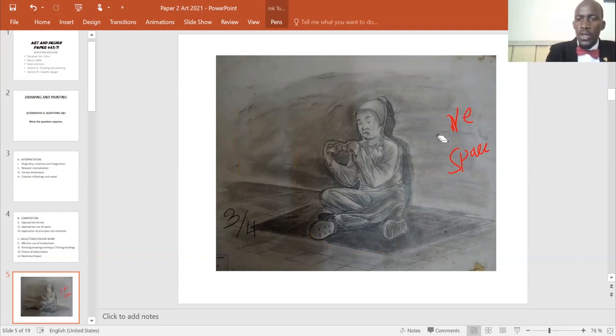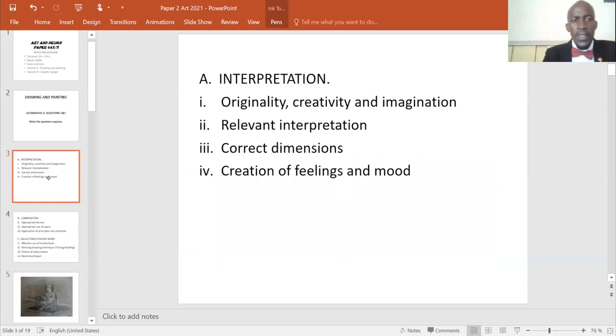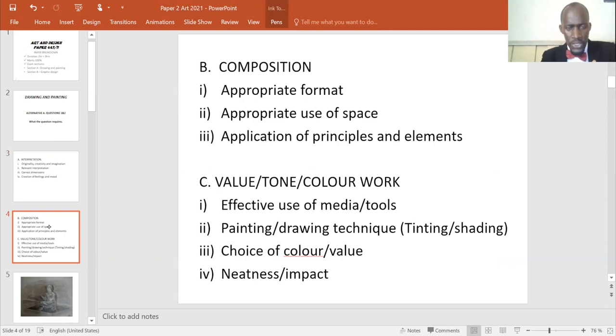So you are advised to use 3/4 of the space of your work on the composition.